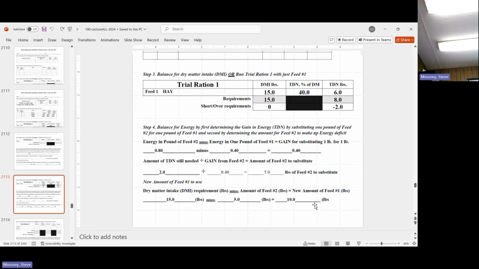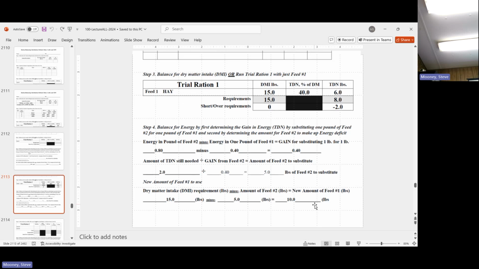So where's this 2 come from? The amount you still need. So you're going to say we're 2 pounds short. That means I need 2 pounds, so we lose that minus sign. I bring down the gain from the line above. 2 divided by 0.4 is going to equal 5 pounds of corn that I need to add to make up that 2 pound deficit.